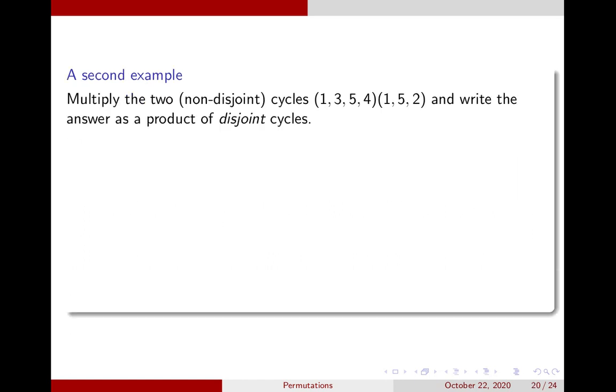Let's try another example. Let's take two non-disjoint cycles, 1, 3, 5, 4 and 1, 5, 2, and write the product as a product of disjoint cycles.